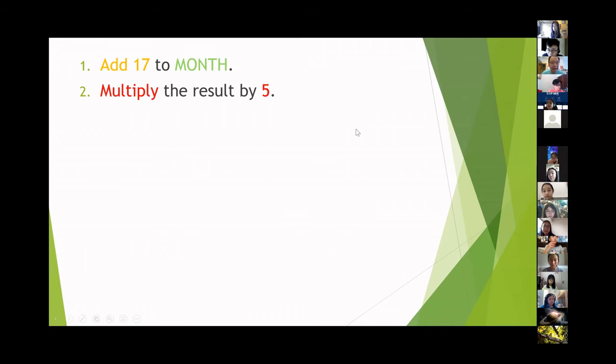And then step 2, multiply the result by 5. Okay. The result of what? The result of step 1. Let me clarify a little bit more.